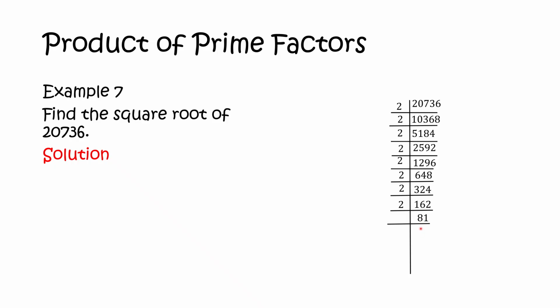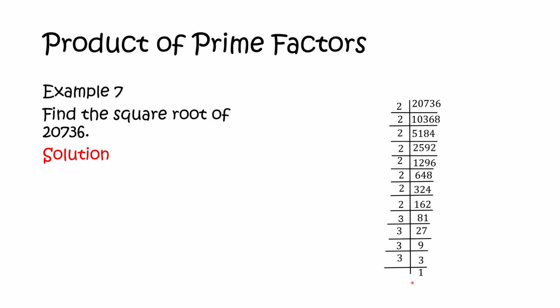Then when we get to 81, we see that we can no longer divide by a 2, but the next smallest prime factor is a 3. We divide 81 by 3, we get 27, by 3, 9, by 3, 3, by 3, we get a 1.